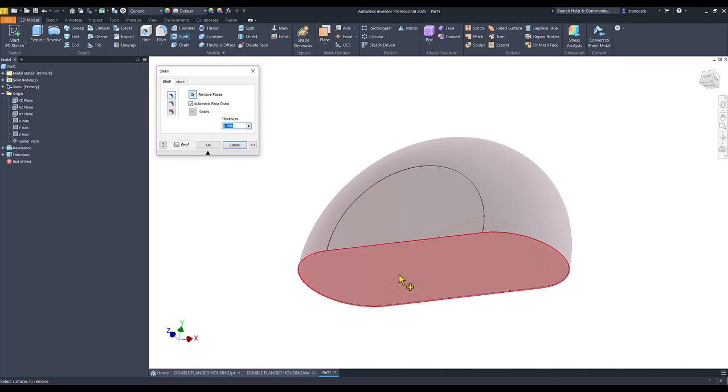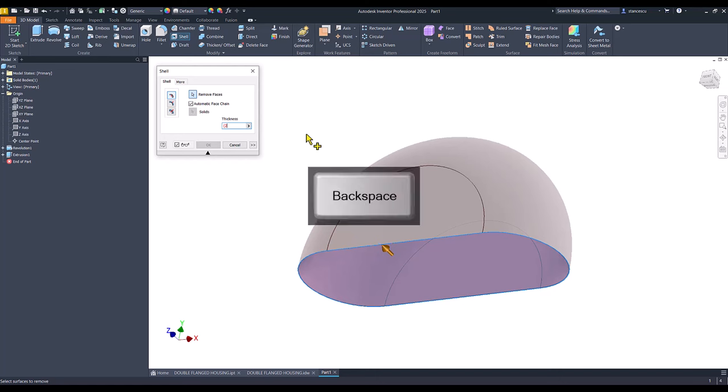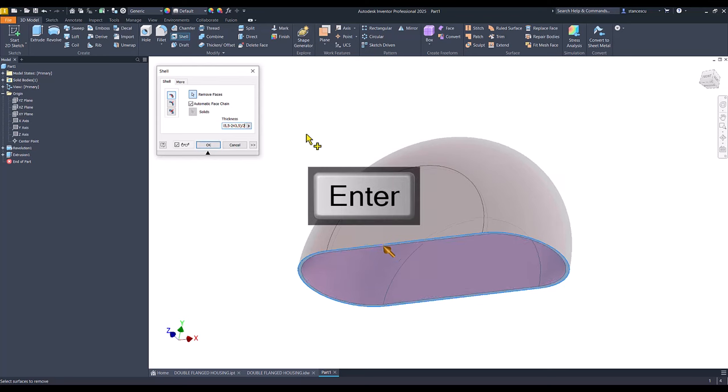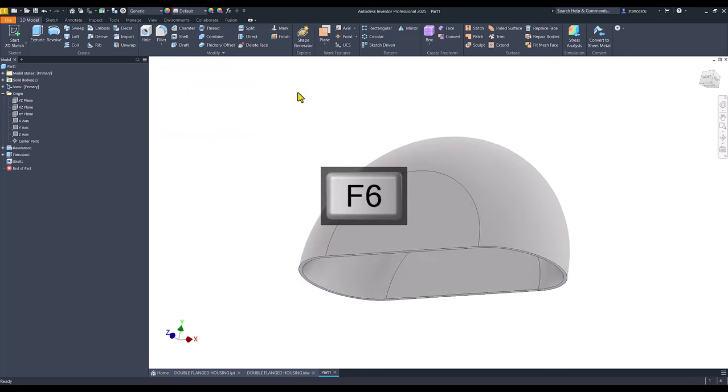We eliminate this end and we place here the dimension 255.5 minus 243.5 divided by 2. Okay.